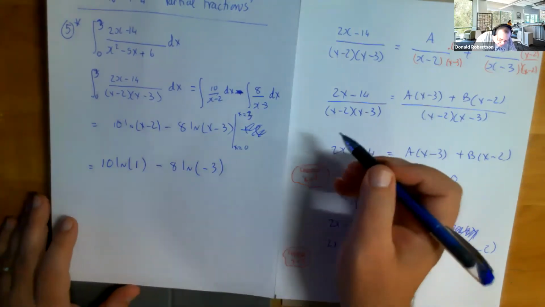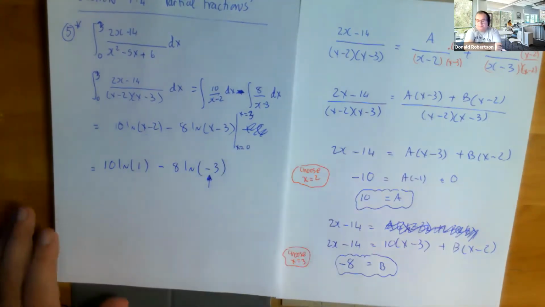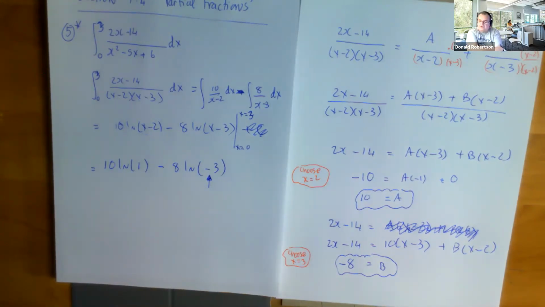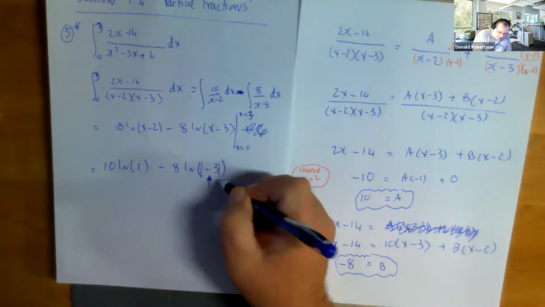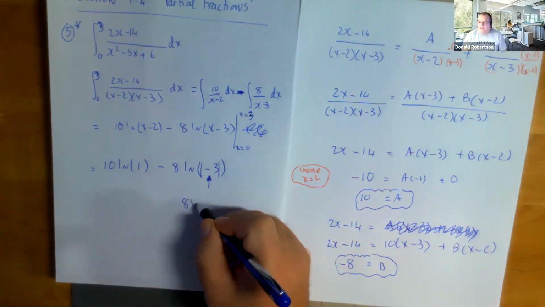What do you do with that? Because this is one of the few times where that absolute value thing that I tend to ignore comes in. So you will make that log 3.